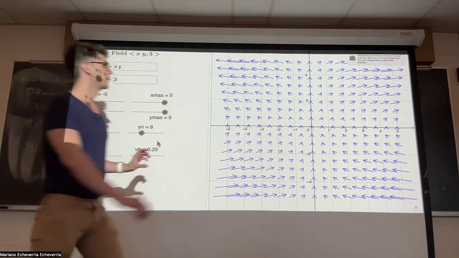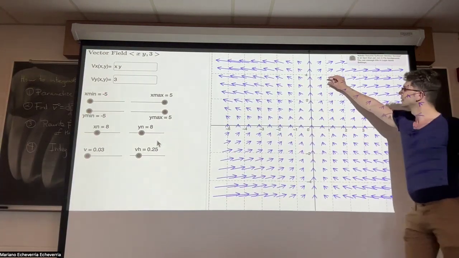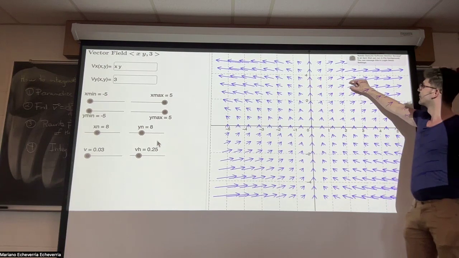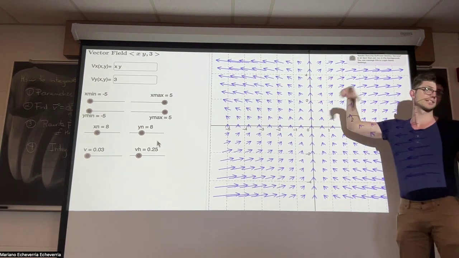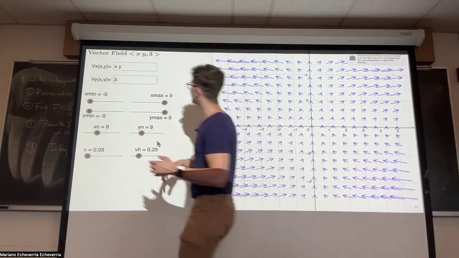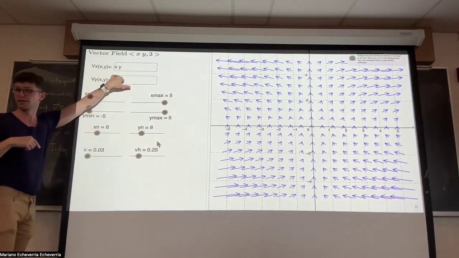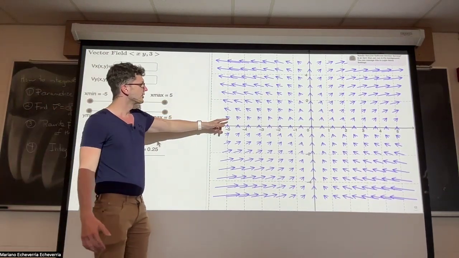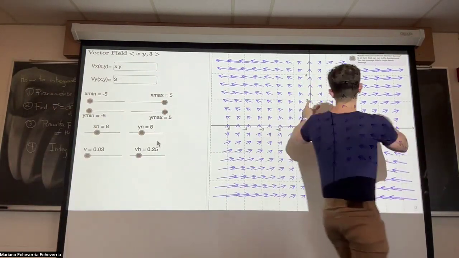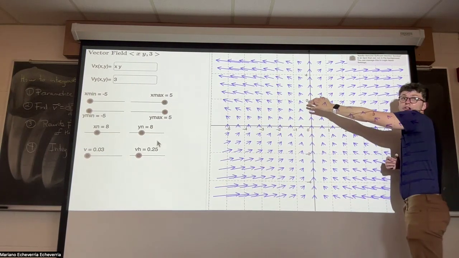I don't know if you notice how the vertical components of any of these vectors are the same size, because the vertical component of the vector is always 3. So all of them have the same vertical size. The only thing that's being changed is how large they are horizontally, right?